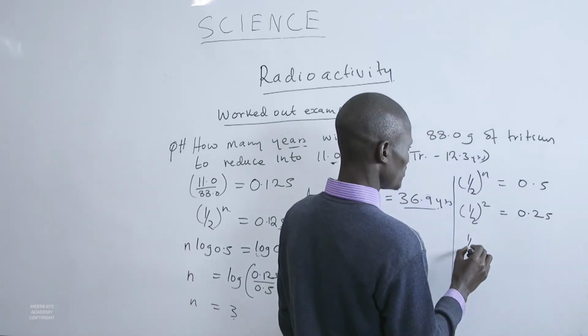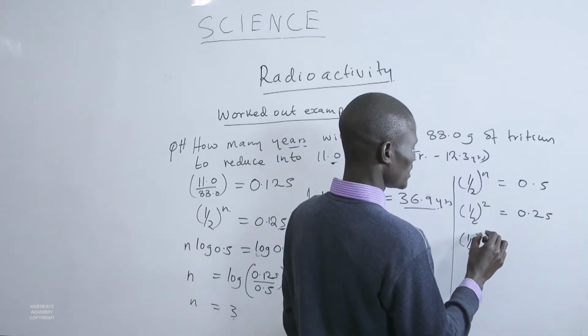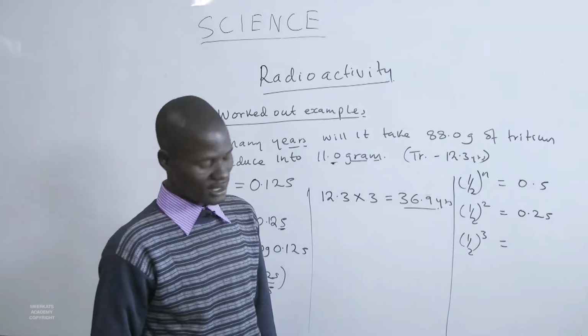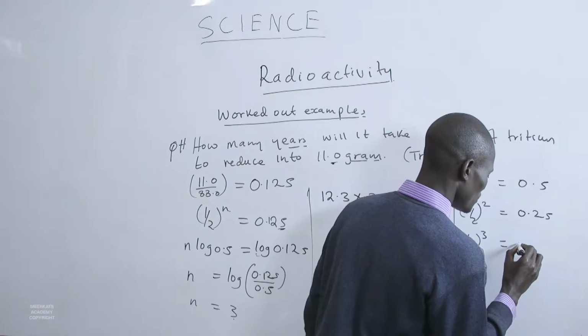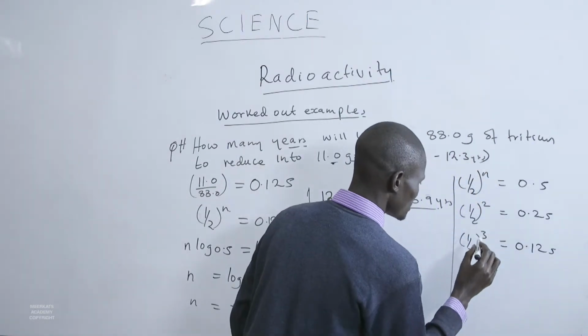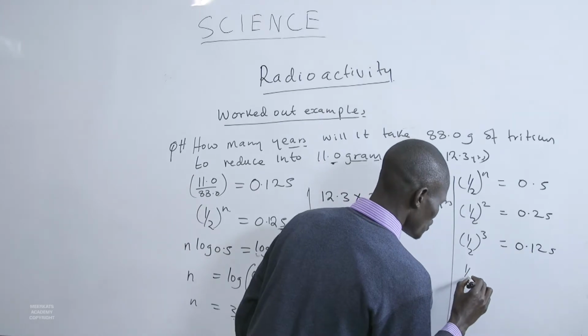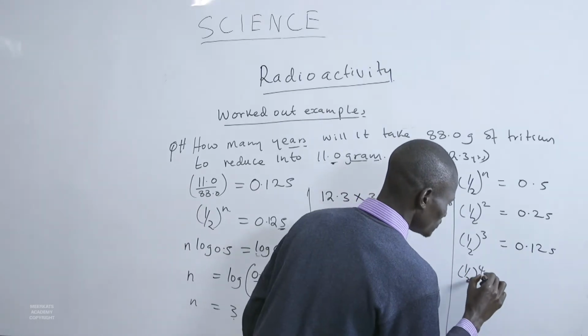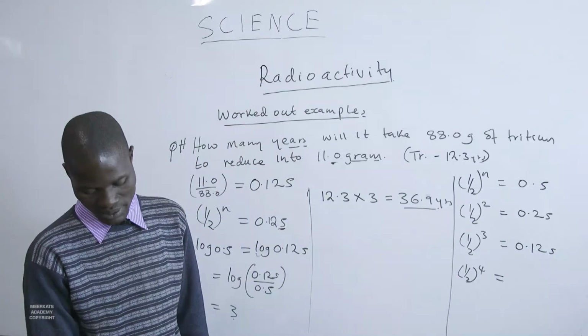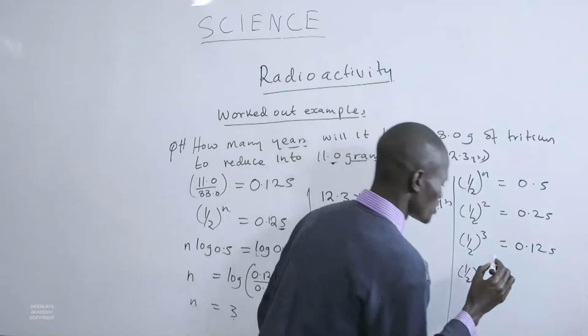And then if it is a half-life of the third level, it is 0.125. When we move to the fourth step, it is 0.0625.